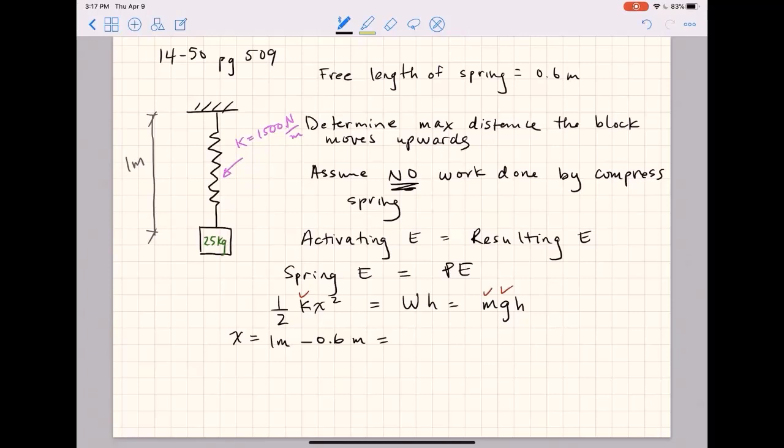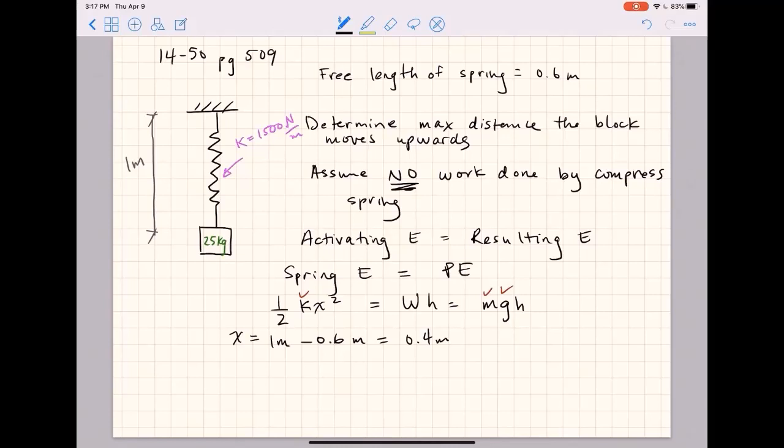So the actual value at which it's compressed, or in this case, not compressed, but elongated, is 0.4 meters. That's what's really key. A lot of people might just put in the 1 meter, in which case you would be wrong, because it's not stretched out 1 meter, it's actually only stretched 0.4 meters. So you need to know what its free length is. Make sure you have that.